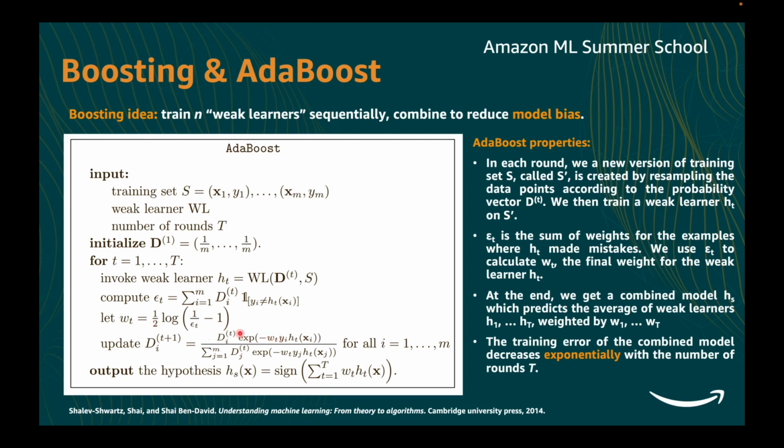It's going to be w t into some positive exponent value, so it's going to become a very large value, and so it's going to upweigh the probability score of that example, and therefore it's going to upweigh the cost in the next round. If the classifier incorrectly predicts that, it's going to pay a very high cost, right? So this is the idea of these probability scores D of t plus 1.